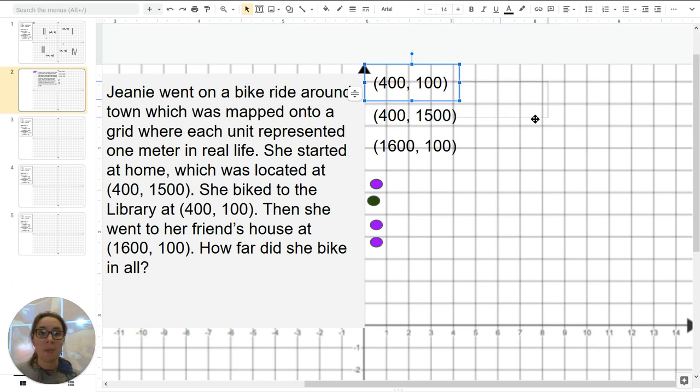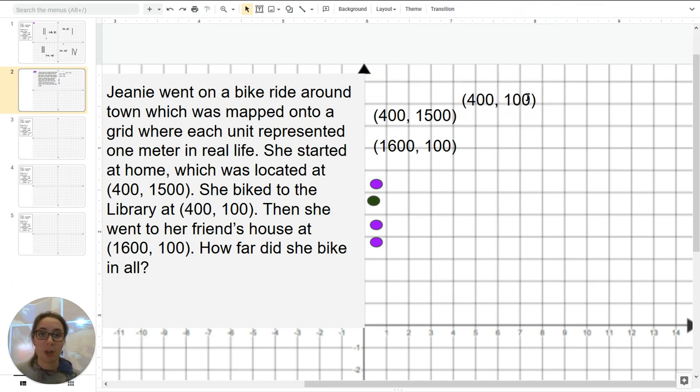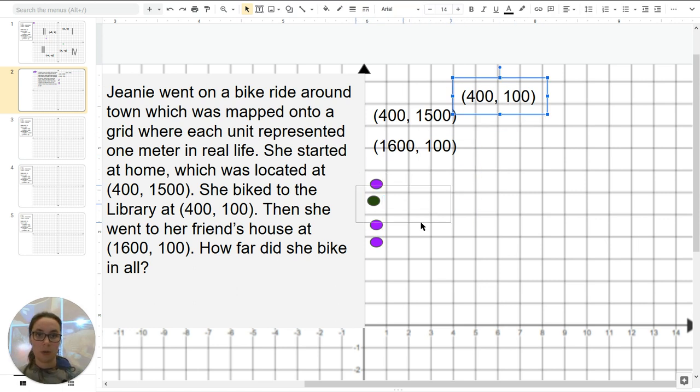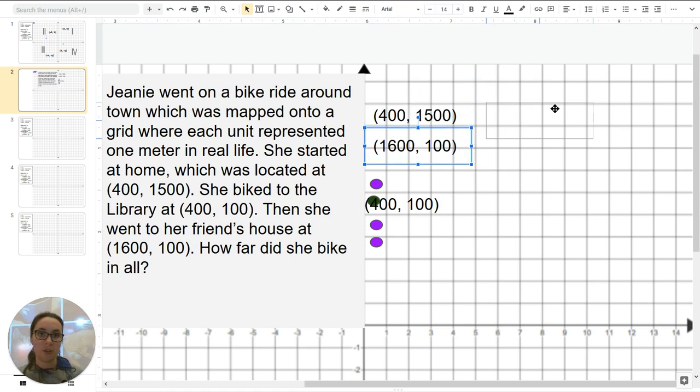Now, my coordinate grid that I'm using on here isn't going to work very well, simply because it only goes up to 14. And it's not going to be much good in the 400 range, is it? So we're just going to imagine.